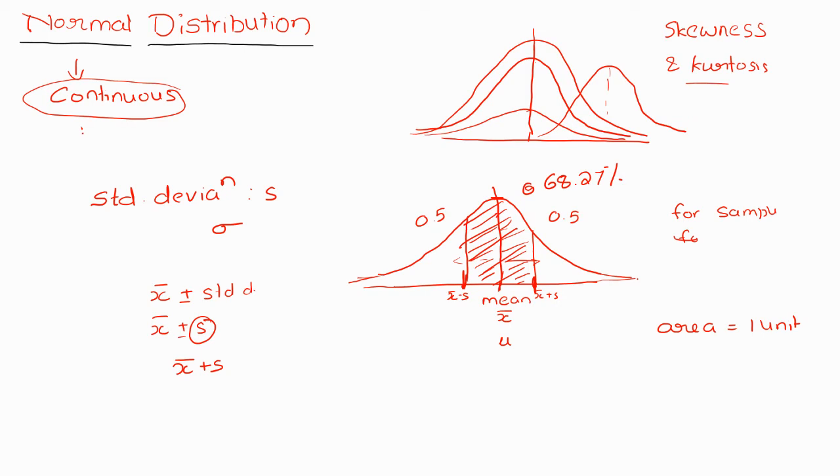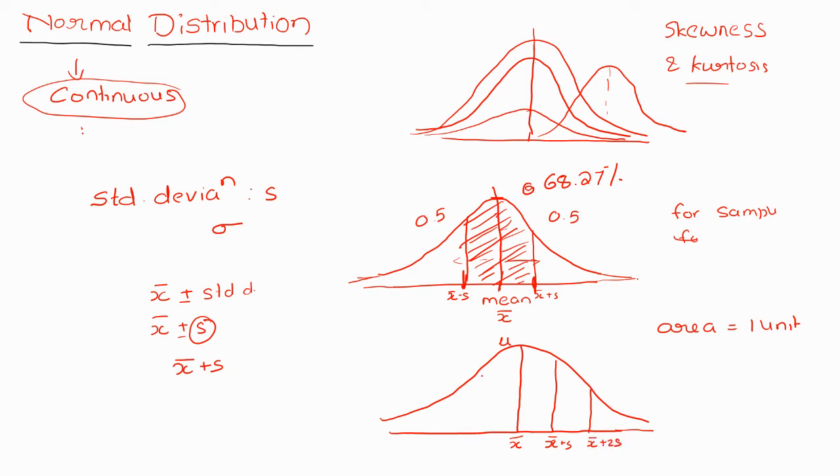Now, similarly, if we go further, let me draw this again: the same bell shaped curve with the mean here, x bar. This one is my s value, that is x bar plus s, and suppose I draw again x bar plus 2s.